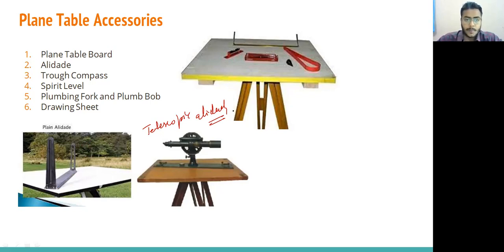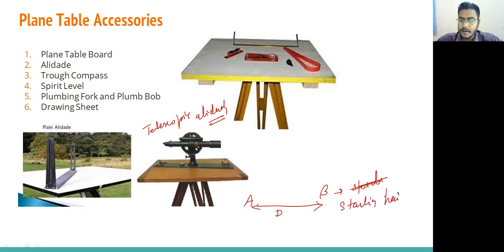By using this telescopic alidade we can also calculate the distance between two stations, like station A here and station B here, without using chain and tape. How can we measure the ground distance without chain and tape? We can measure it by using this telescopic alidade by taking the stadia reading.